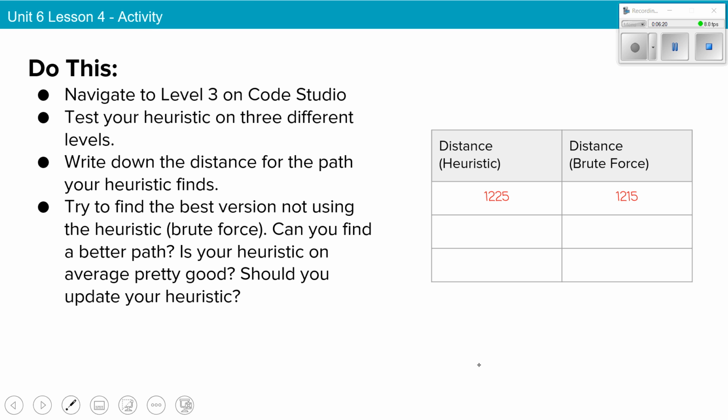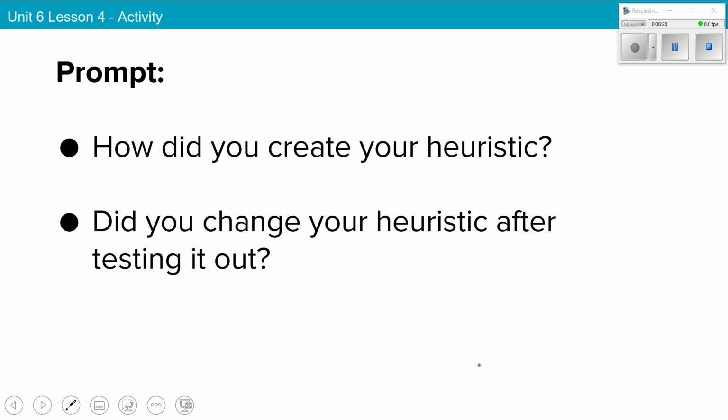Do it a couple of times, record your answers, and see what you come up with. And then think about, what was your heuristic? As you were going through the different ones, did you change it any?